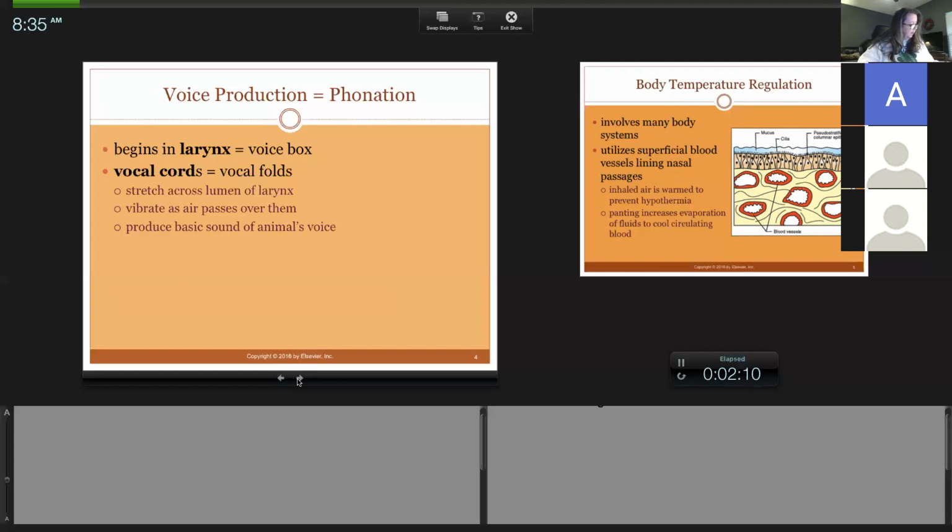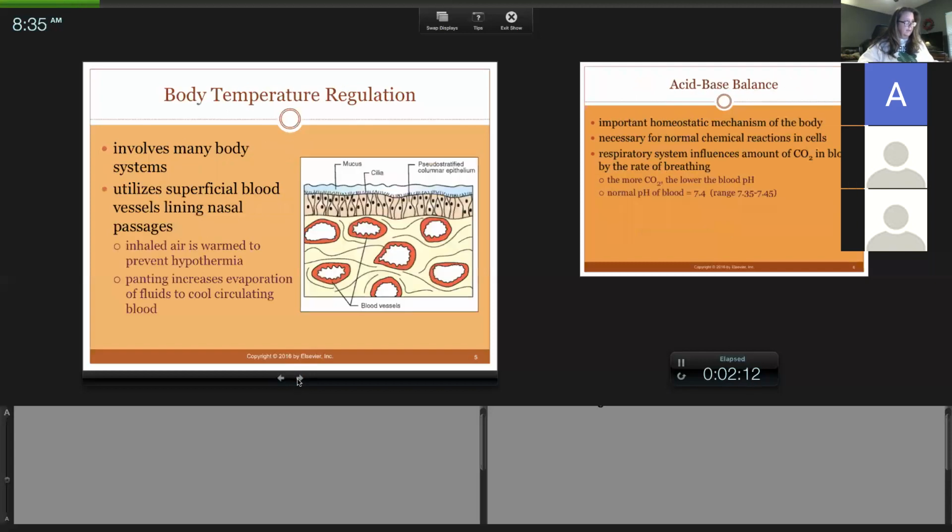And how do they regulate temperature with respiration? By panting, but the superficial blood vessels here can vasodilate or constrict. They can increase evaporation of body water. That releases warm water from the body that will help cool the animal.